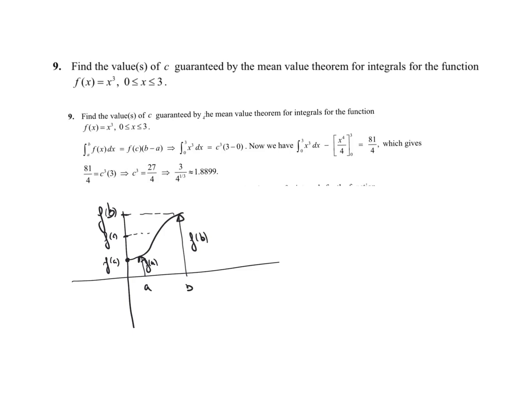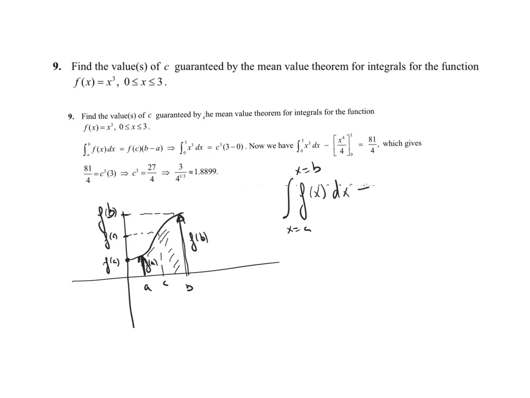So it means that there exists c here such that the area between a and b is the integral of f of x dx between x equal a and x equal b. So the area is the area below the curve. So this is the area.